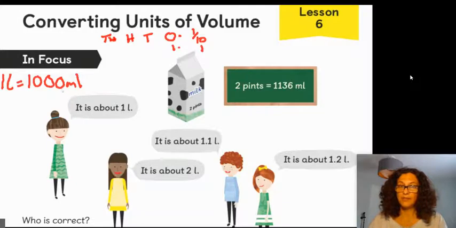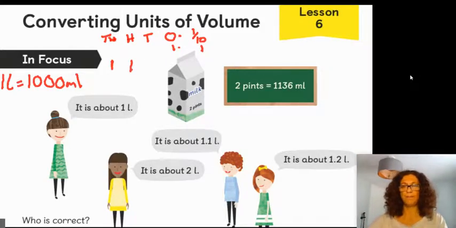How many zeros has 1,000 got? It's got 3 zeros. So we're going to move each digit 3 times. So our 1 moves 1, 2, 3, and it moves to the thousands column. Now this one has to follow because it's next in line. So let's move it 3 times. 1, 2, 3. So now our 1 goes here.